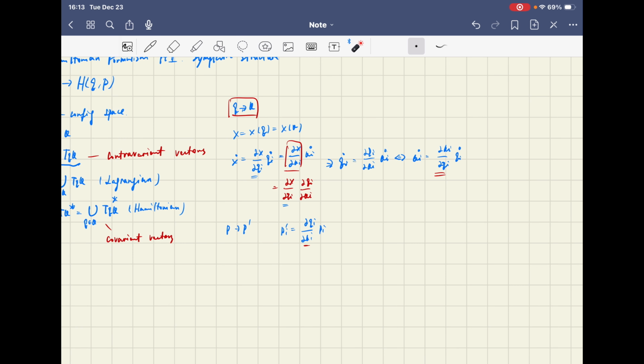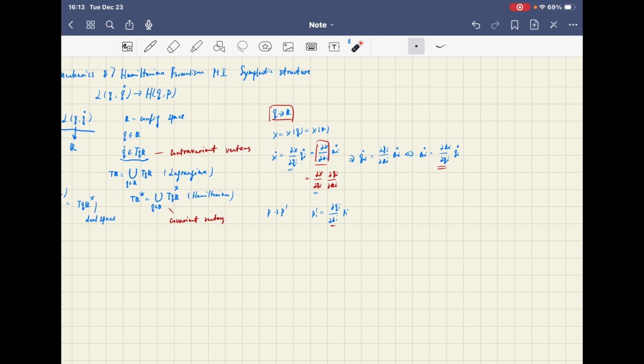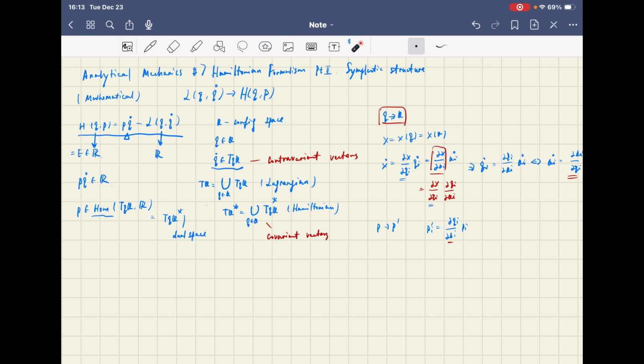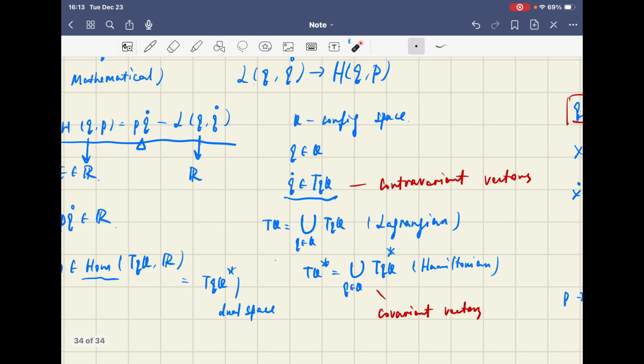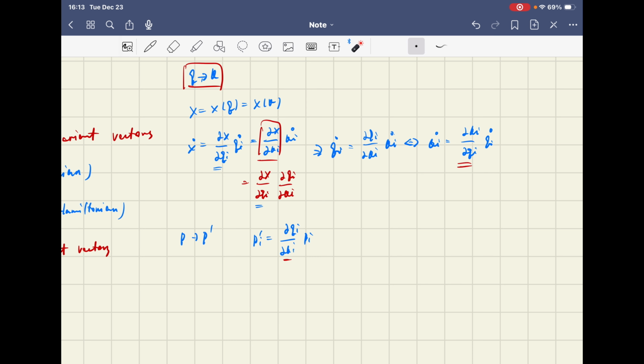The reason why I talk about contravariant vectors and covariant vectors is to give you a hint, because notice that in the Hamiltonian we have p times q dot. We just showed that the transformations of generalized velocity and momenta are the reverse of each other.